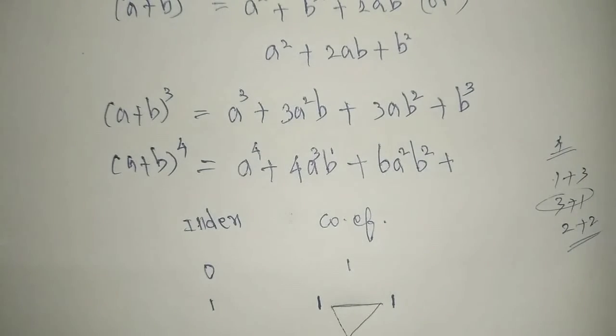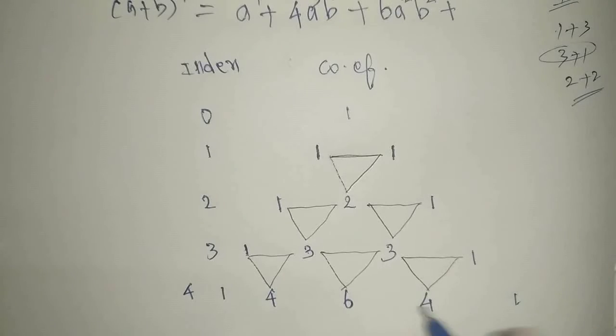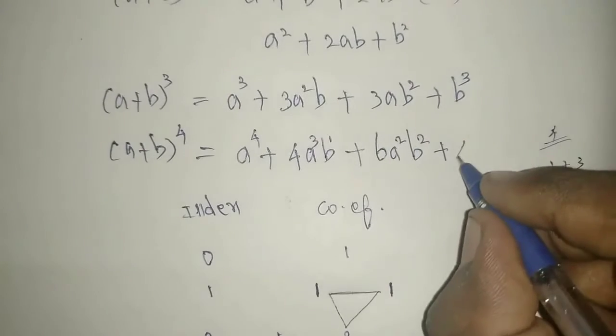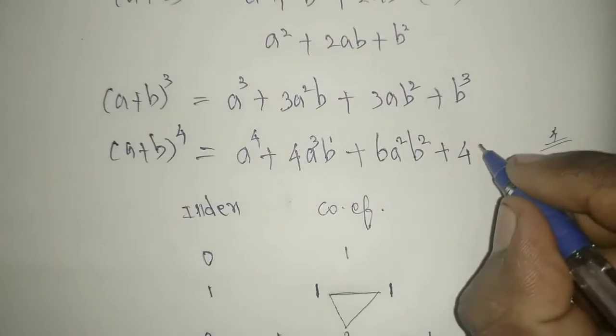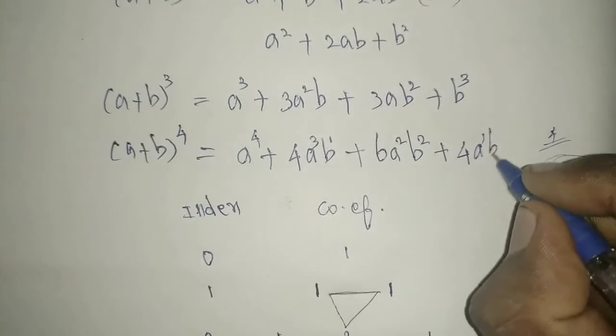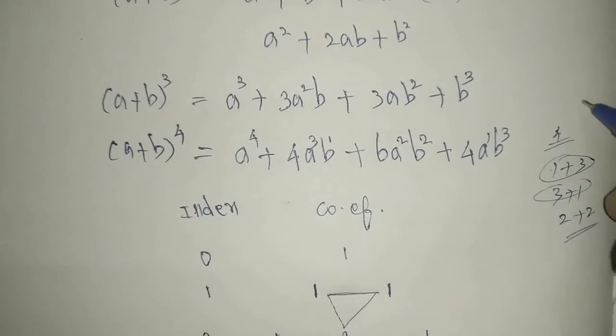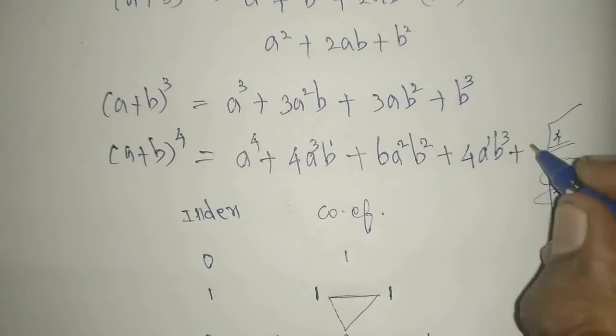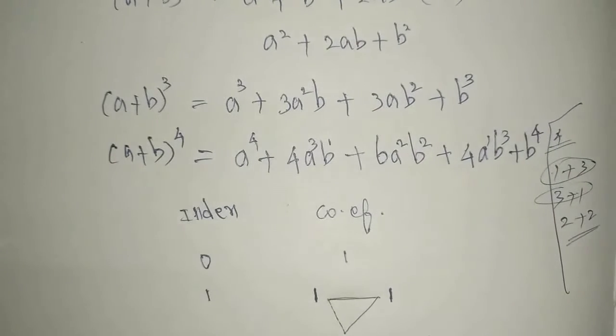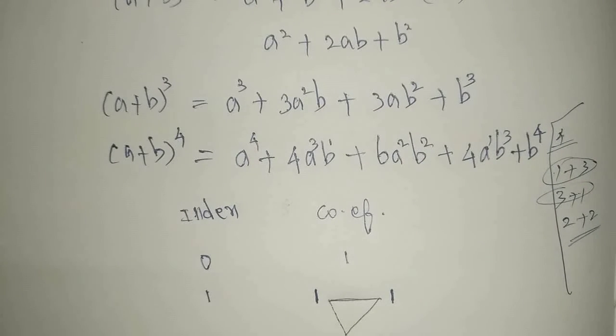Plus next, what we got is 4, same 4. I used this 3 plus 1. Next we have 1 plus 3, which means a power 1 b power 3. And finally, last we have 1, so this 1 means b power 4. Like that we can write for all the powers.